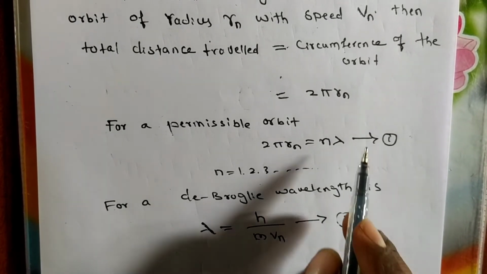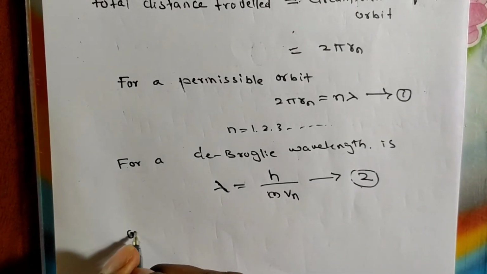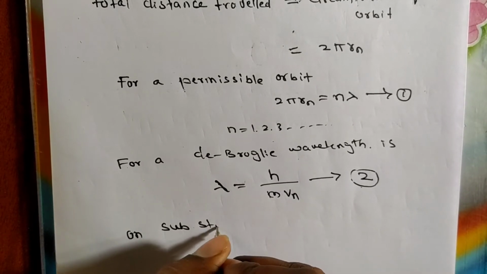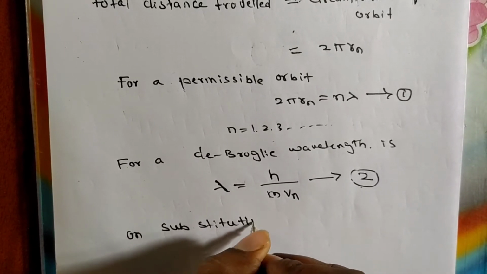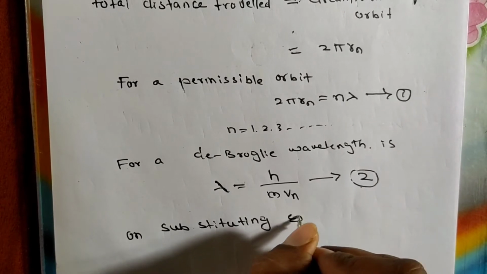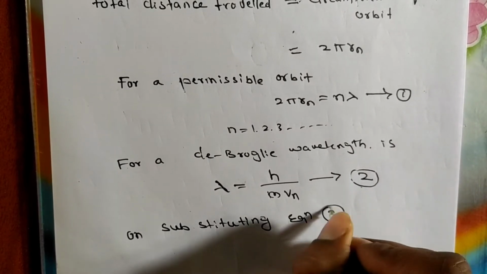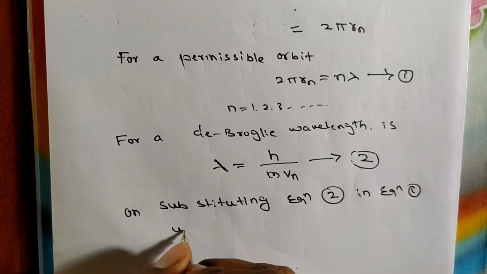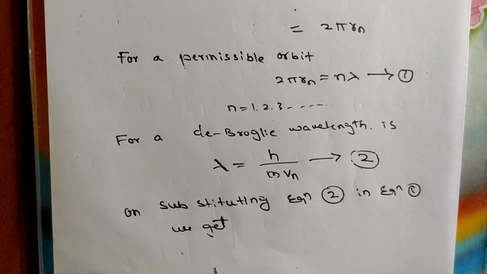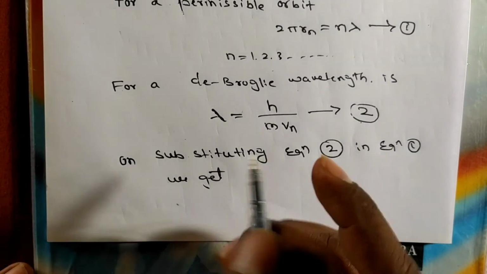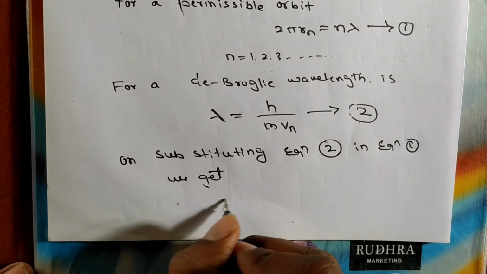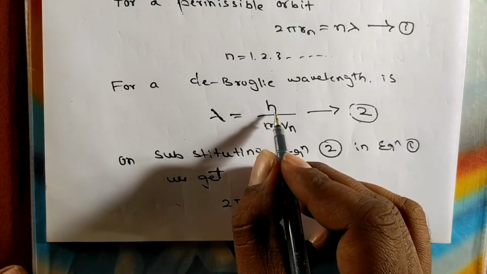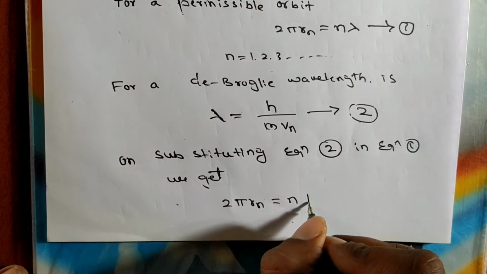Now substituting equation 2 in equation 1, we get 2 pi rn is equal to n into, in the place of lambda, h divided by mvn.